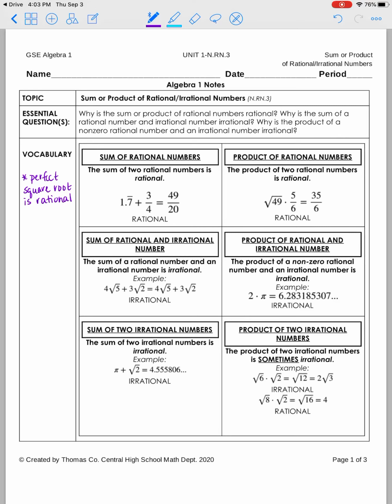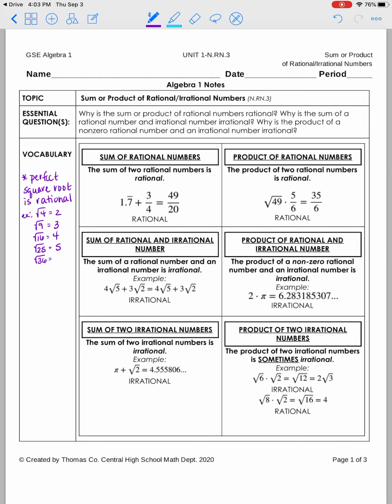So our perfect square roots are like the square root of 4, which is 2, because 2 times 2 gives us 4. The square root of 9, which is 3, because 3 times 3 gives us 9. Square root of 16, which is 4. The square root of 25, which is 5. And these are all rational because 2, 3, 4, and 5 are rational numbers.